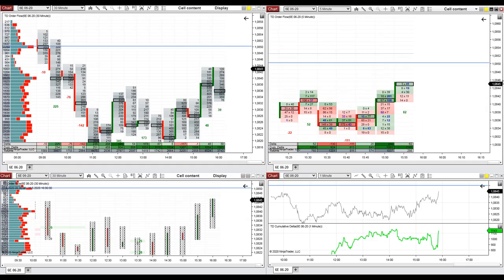Because buyers are jumping in. Look at Delta. Alright, now we want to see some confirmation. Either absorption, limit orders, or delta divergence.